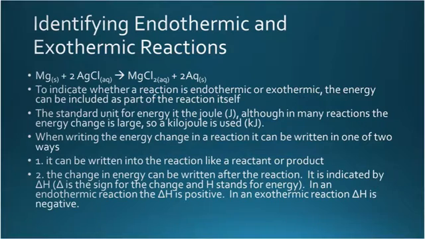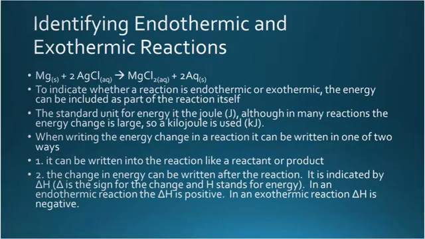To indicate whether a reaction is endothermic or exothermic, the energy can be included as part of the reaction itself. The standard unit for energy is the joule, or J, although in many reactions the energy change is large enough that we can use the kilojoule, or kJ, which is 1,000 joules. When writing the energy change in a reaction, it can be written one of two ways.